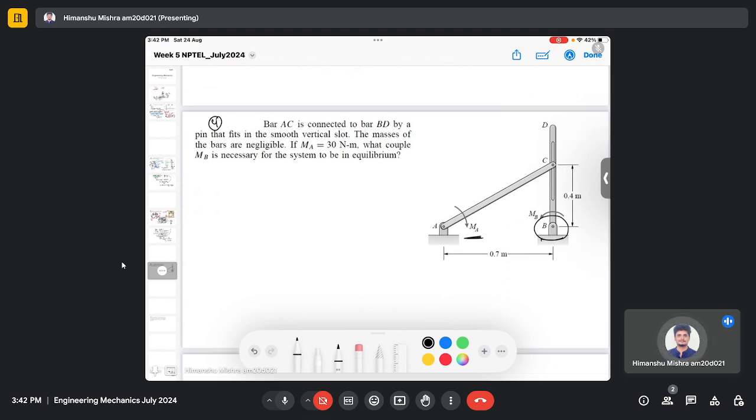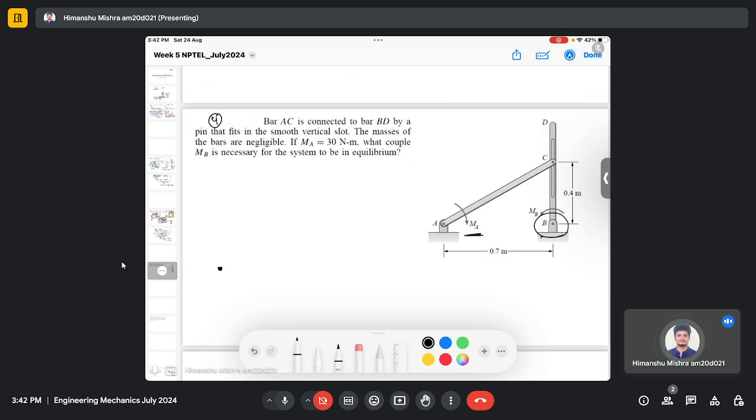As usual, we will make the active force body diagram. Here we are not given any forces, but we are given the moment. So this moment will be responsible for the virtual work done. And then there is the virtual displacement.